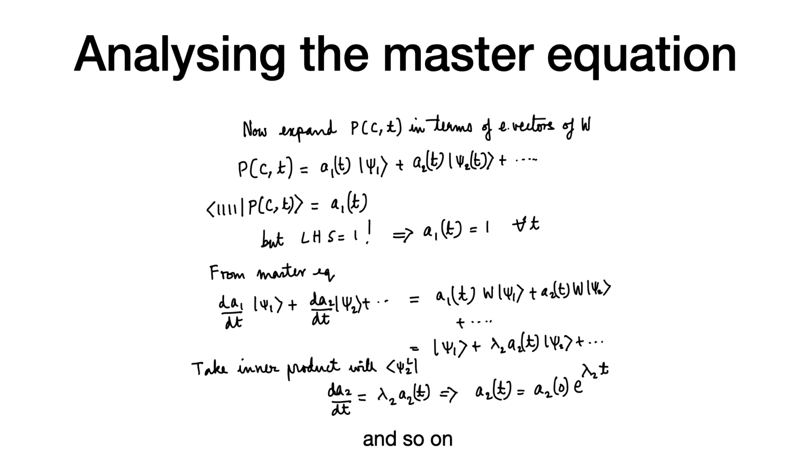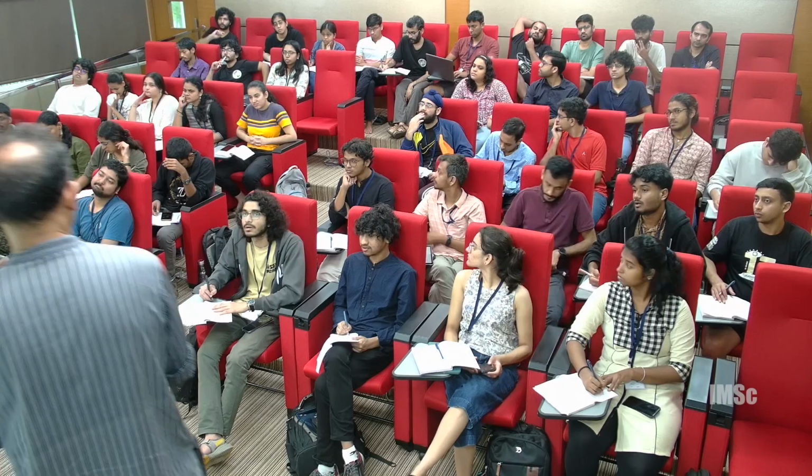The psi 1 we do not know, but its left counterpart is 1, 1, 1, 1. So where previously in quantum mechanics it was psi 1, psi 1, now it is psi 1 L, psi 1 R. That is the inner product. The LHS is 1 because the sum of probabilities is 1, as we showed earlier.